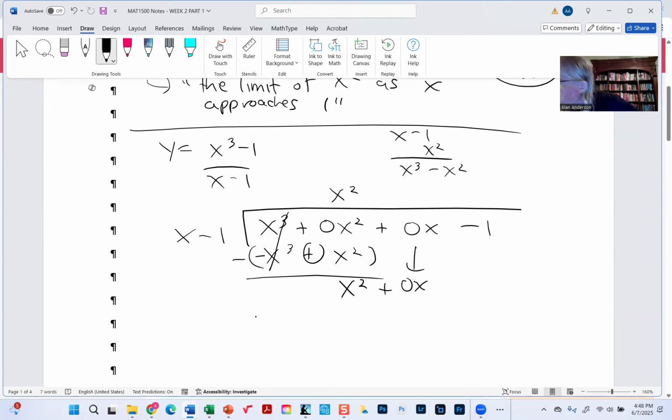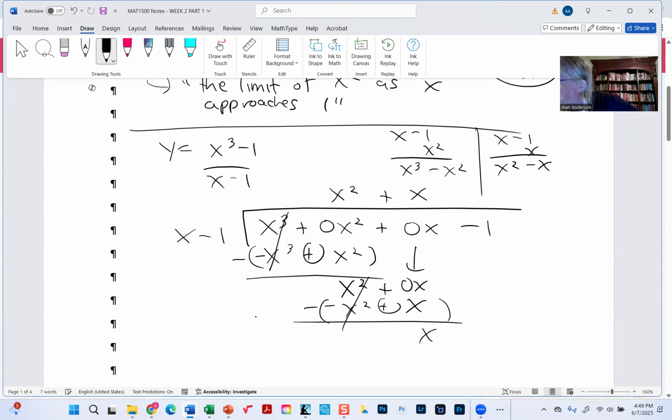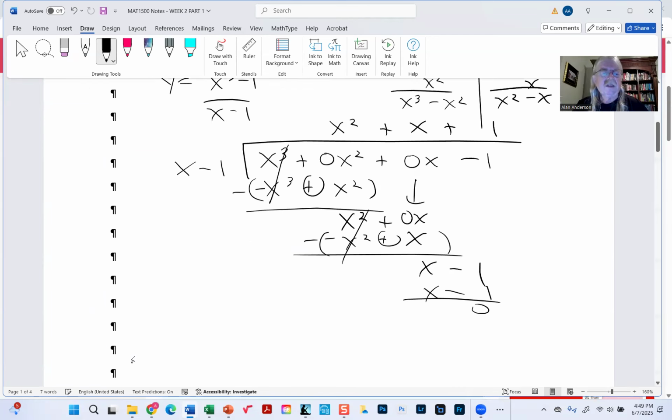You bring down this 0x. Now I'm going to try x. x times x minus 1 is x squared minus x. Subtract, add, and then guess what? The last term is just plus 1. So what does this prove? All right, what it tells us is this.